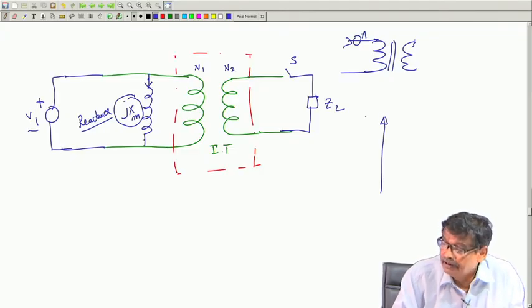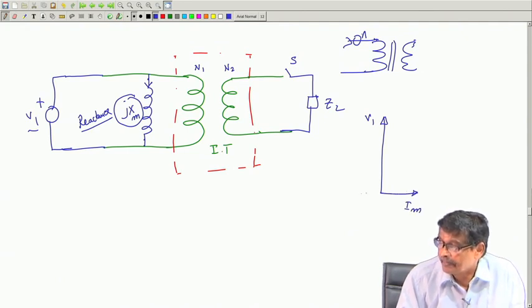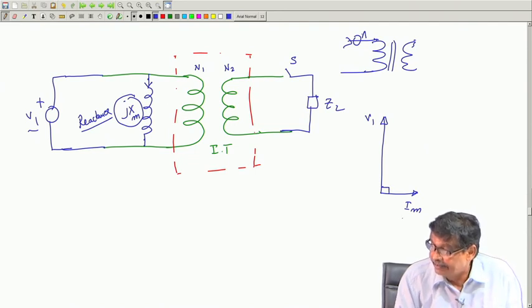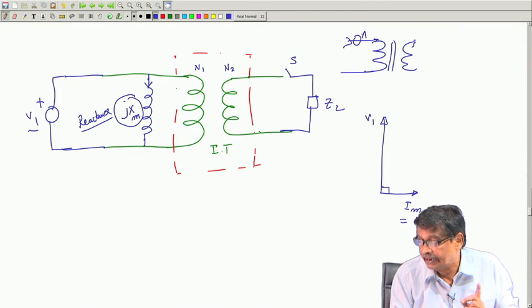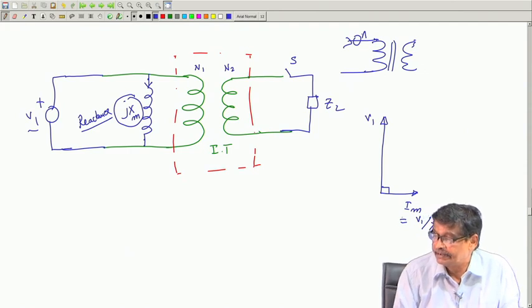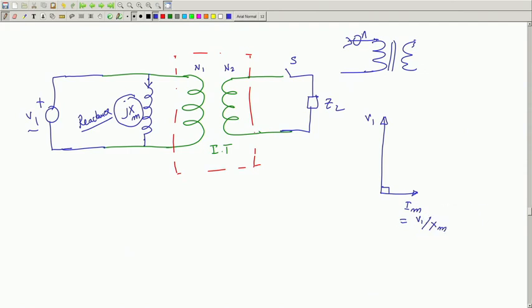With S opened, I know the magnetizing current is 90° lagging, and I will choose the value of Xm in such a way that Im is V1 by Xm, 90° lagging. So, Xm is called the magnetizing reactance.